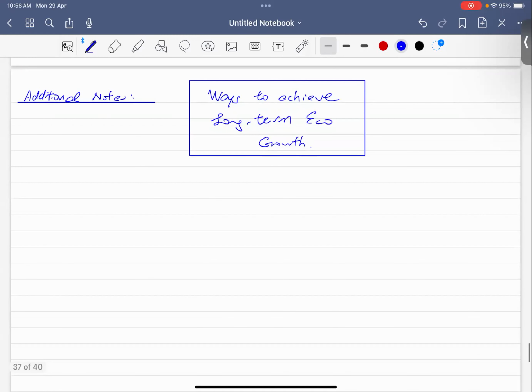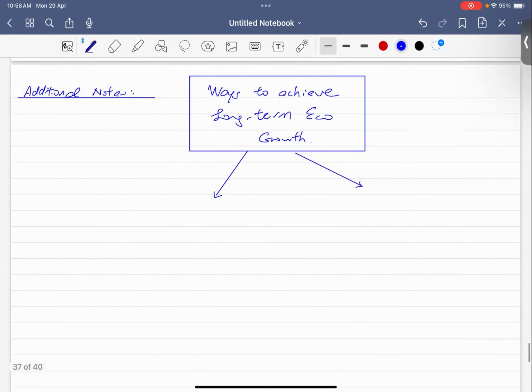Okay, so we have two main ways for us to achieve long-term economic growth. One is increase in the factor quantity. So what do you mean by factor?